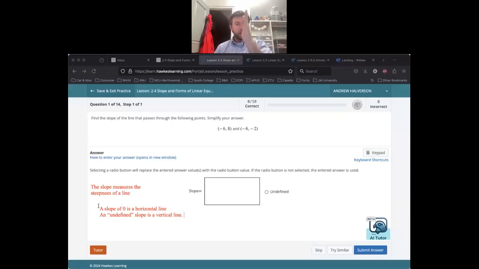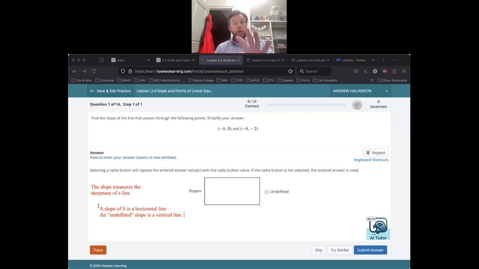If it's completely vertical, like a wall or a cliff, that's a vertical line. That's an undefined slope. We'll see why it's 0 and undefined in just a second, but those are the consequences. Everything else is fine to have. But 0 slope is a horizontal line, and the side of a cliff or a mountain is an undefined slope because it's a vertical line.